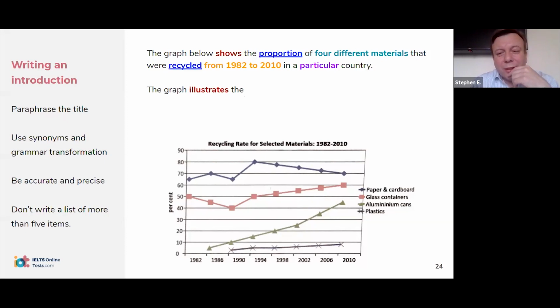So let's have a look at this. So recycling rates. Okay. And Roger, I wouldn't really use portrays. Yeah, so be careful. Okay. So 4 different materials. How do you think we would change that?